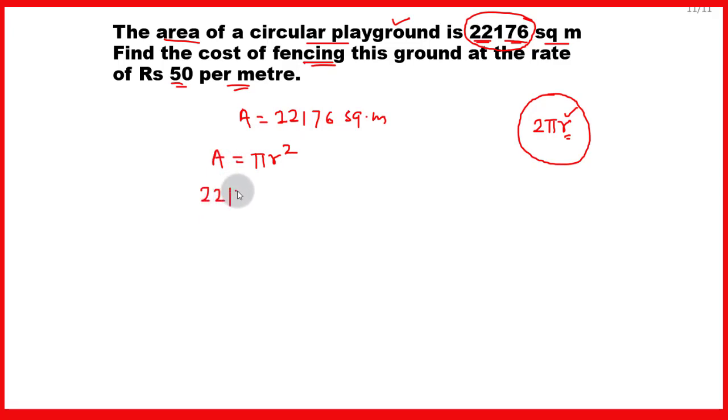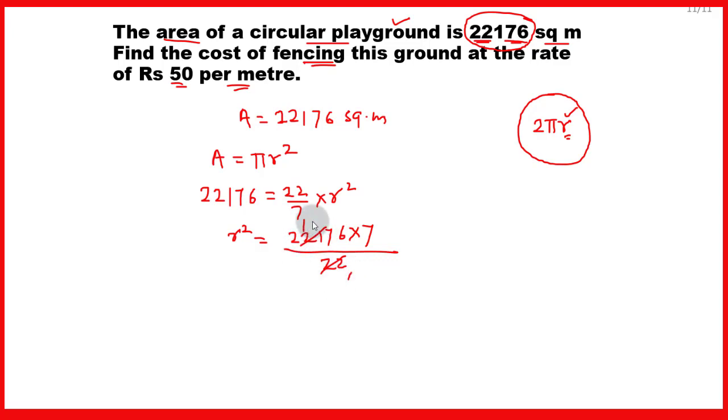Area is given as 22,176, which is equal to pi, 22 by 7, multiplied by r square, and therefore r square is equal to 22,176 multiplied by 7 divided by 22.